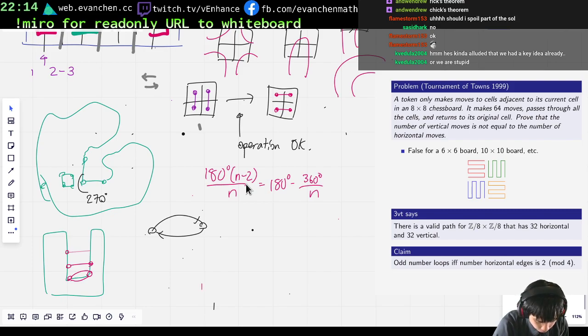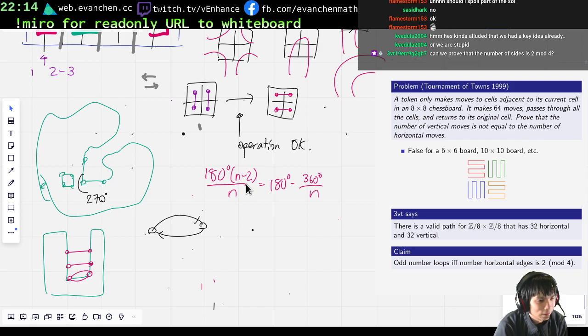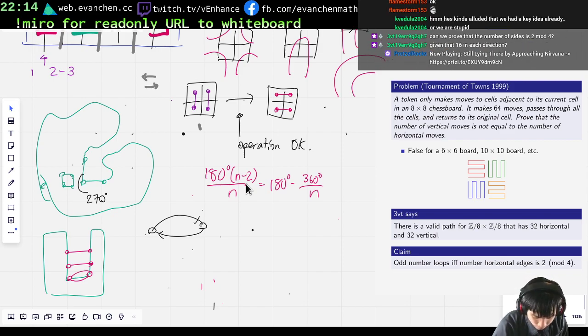I guess I somehow end up with a rectangle with a bunch of these pairs of things inside. And then, shoot, wait, hang on, something's wrong.